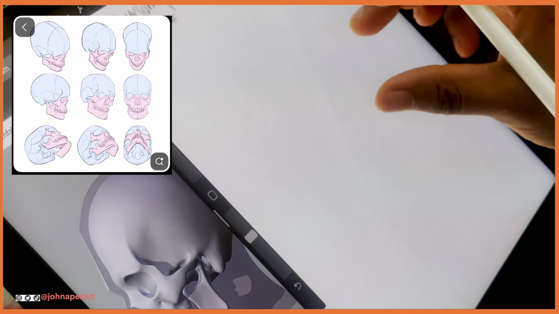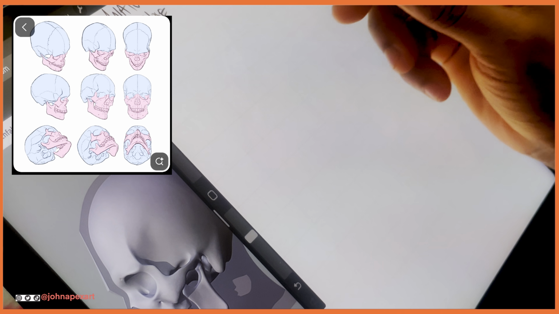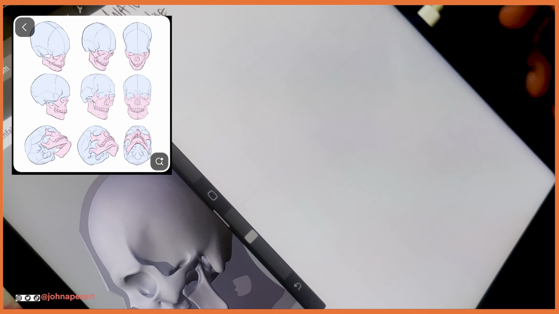Drawing the skull, or doing studies of the human skull, is very important because they help you to understand the placement of the nose, the eyes, the mouth, the teeth, and the mechanical movement of each part of the body.